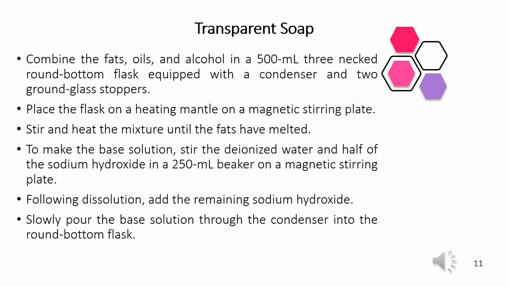Transparent soap. So how we can make the transparent soap? Combine fat salts and alcohol in a 500 ml 3-necked round bottom flask equipped with a condenser and 2 ground glass stoppers. To make the transparent soap, we need fat salts and an alcohol.